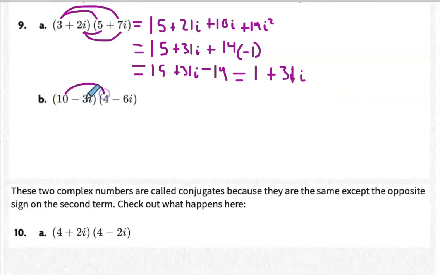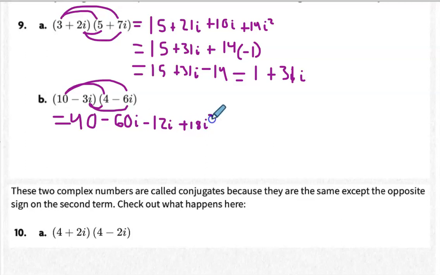So, distributing. 10 times 4 is 40. 10 times -6i is -60i. -3i times 4 is -12i. And -3i times -6i. So -3 times -6 is a positive 18. i times i is i squared.